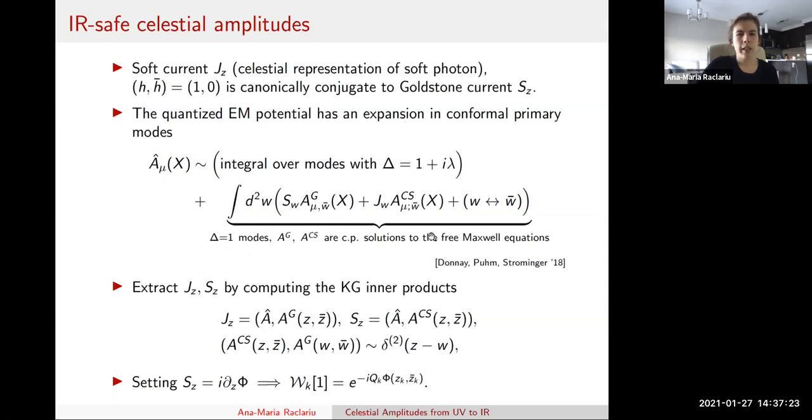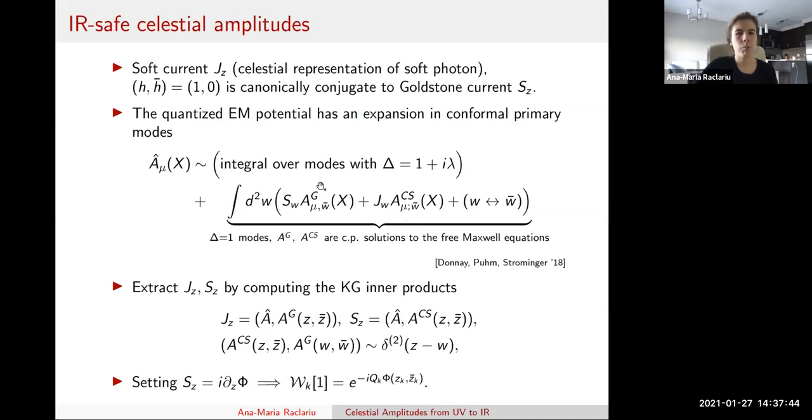By looking at this expansion, one can then see that by taking Klein-Gordon inner products of this quantum field with either this function here, A_G or A_CS, these are the conformal primary wave functions associated to these delta equal to 1 modes.